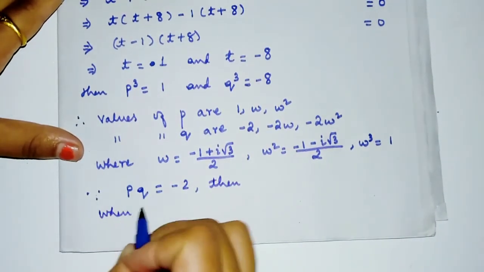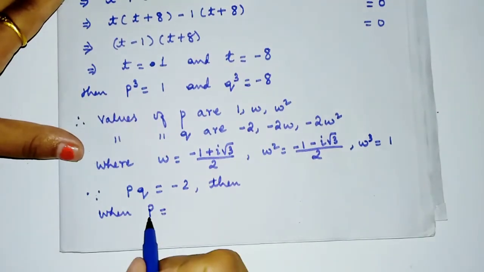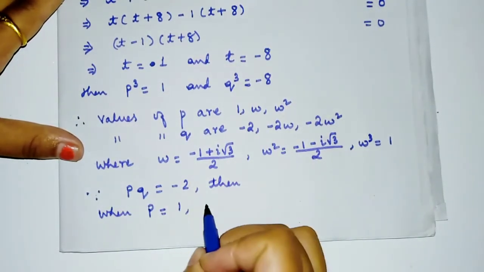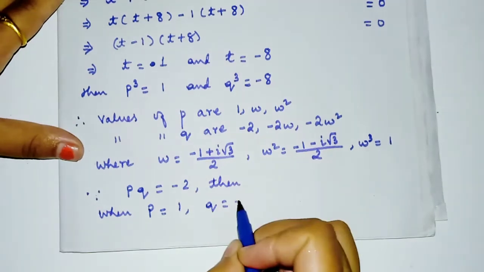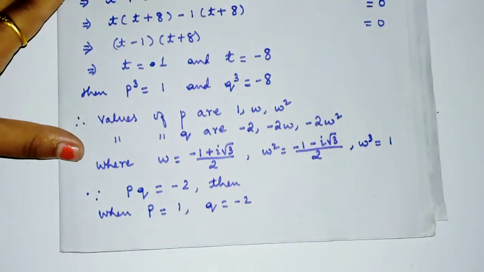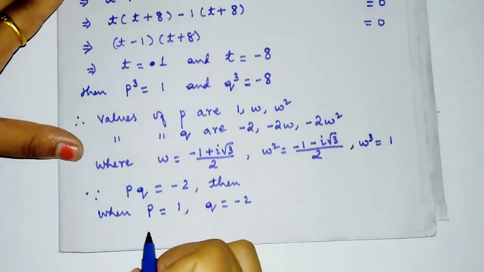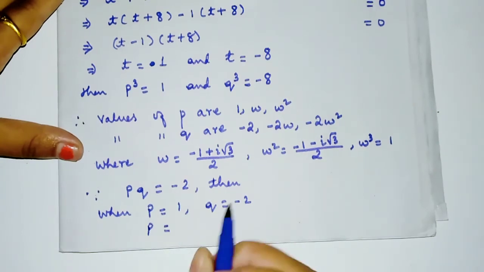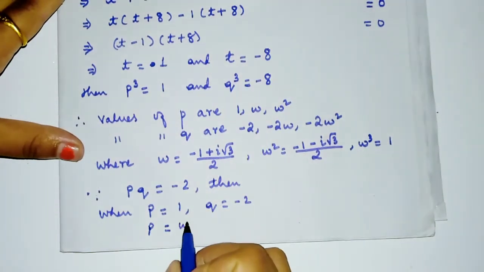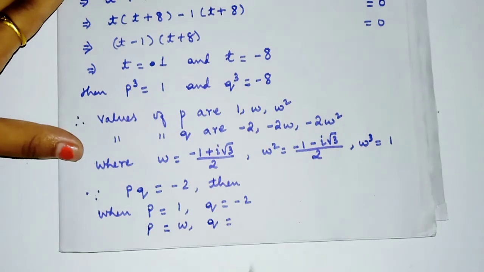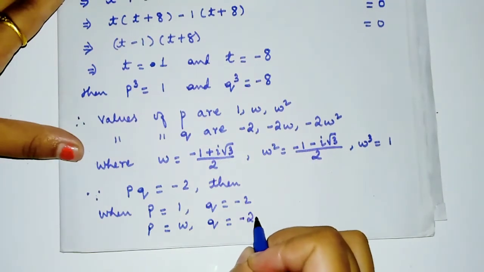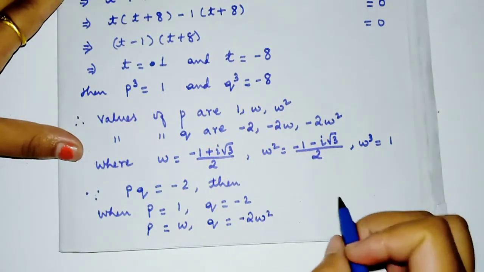When we choose p to be 1, q should be minus 2, so that pq is equal to minus 2. Now when p is equal to omega, what should be the value of q such that pq is equal to minus 2? It should be minus 2 omega square. How?